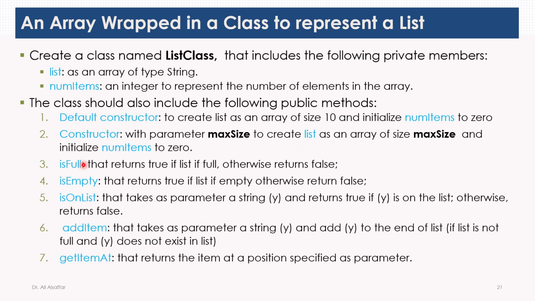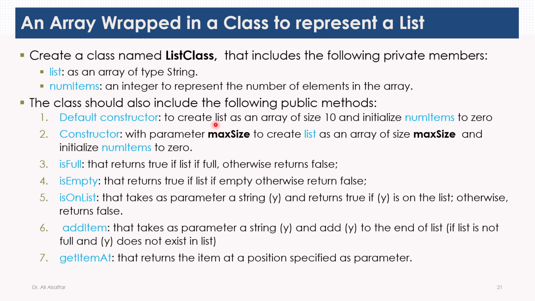The public methods that we are going to define for this class, first we have two constructors. The first one is a default constructor that will create a list as an array of size 10. So the size of the list will be exactly 10 strings and will initialize the variable number of items to 0. The second constructor will have a parameter that specifies the size of the list, which is the maximum size.